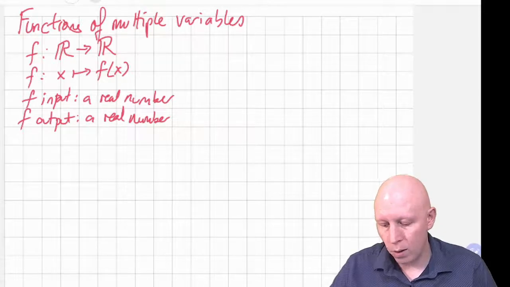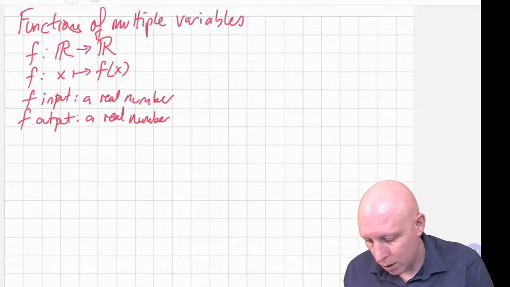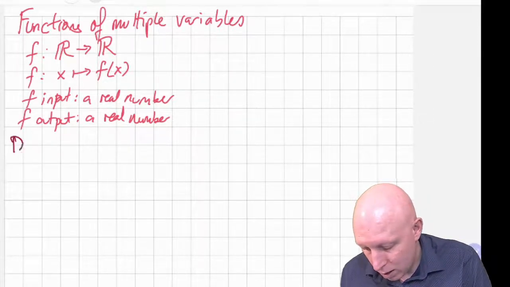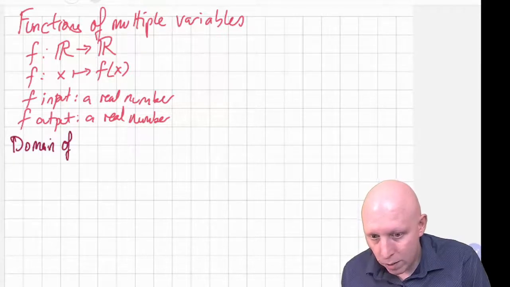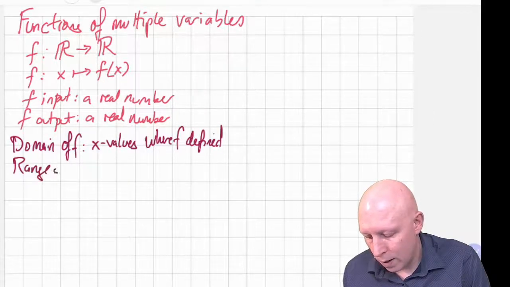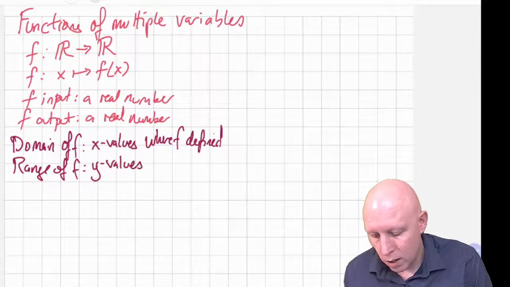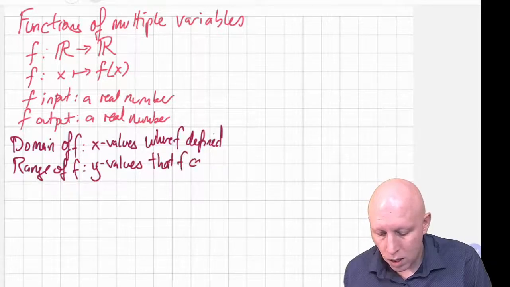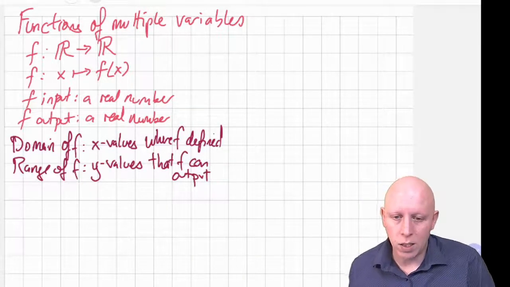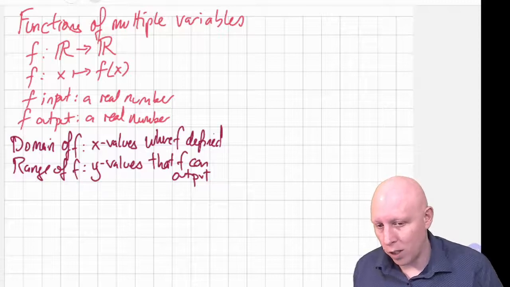And so in terms of these definitions that we're used to thinking about, the domain of f are the x values where f is defined, while the range of f are the y values that f can output. Right? There's some x that gives that y value when you plug it into the function.